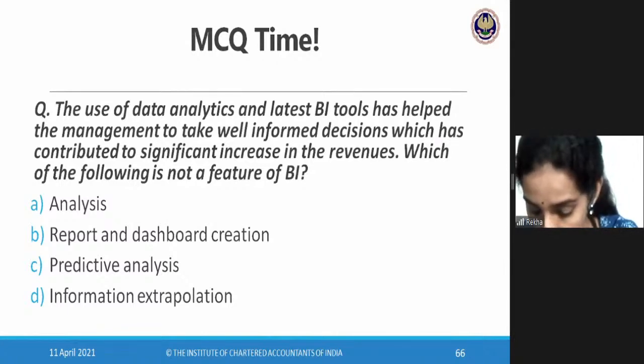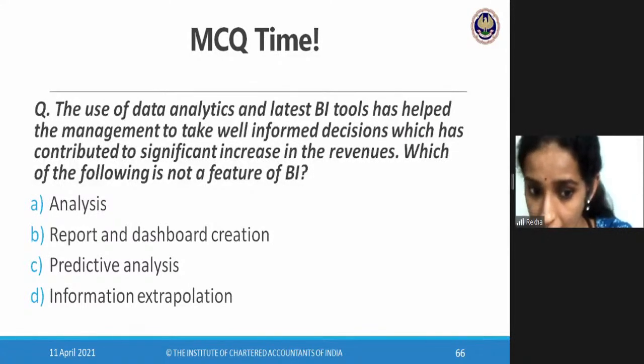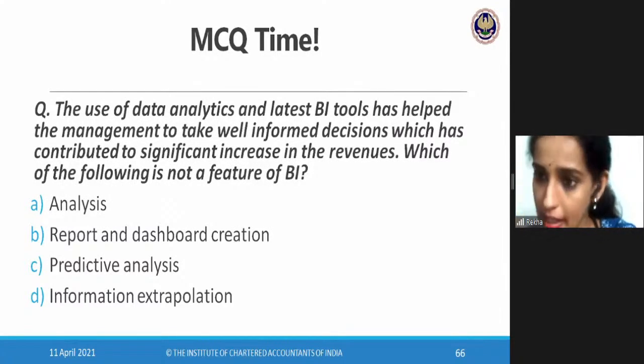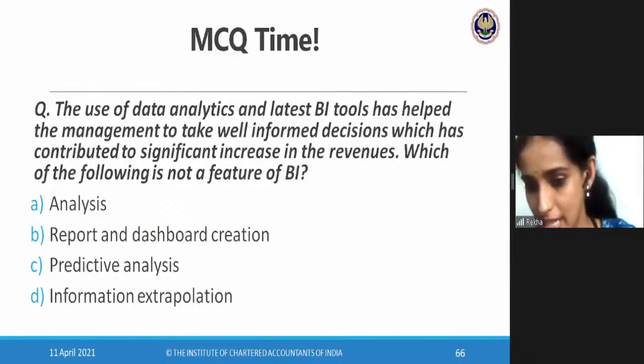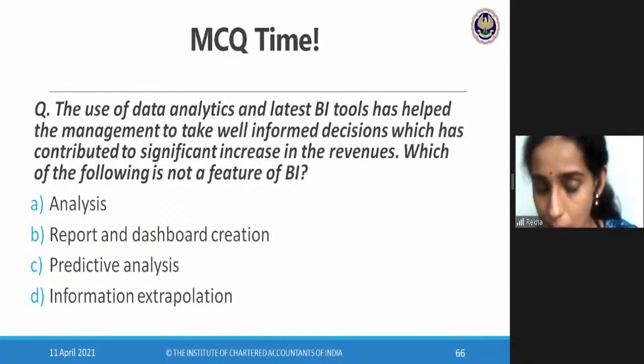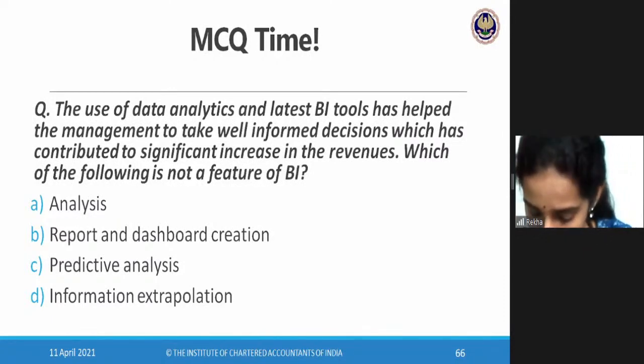It is predictive analysis. It is not A. It is not D. Information extraction means extracting the information from a particular source. Say if you have a report, understanding and extracting the information from that. Predictive analysis, I told you, is only related to data analytics. BI does not have a predictive analysis capability.